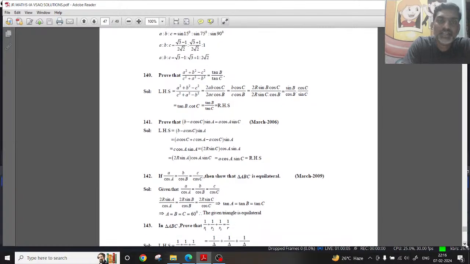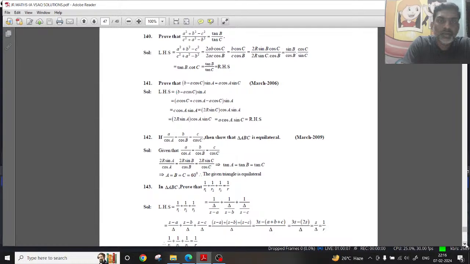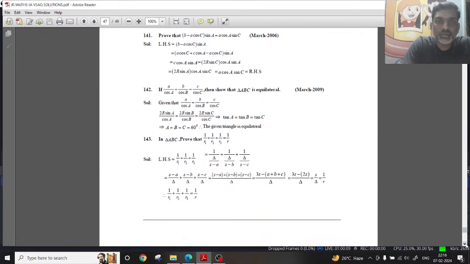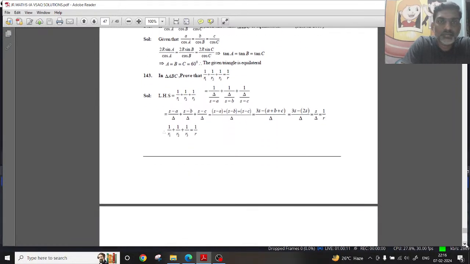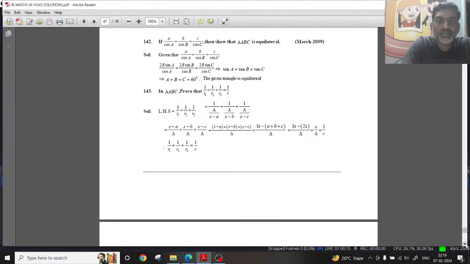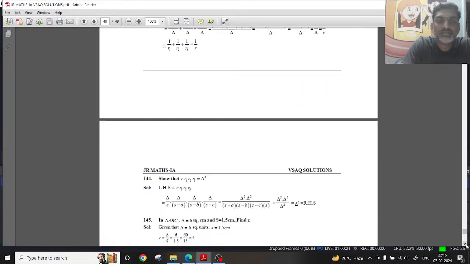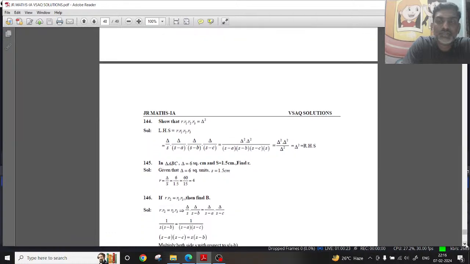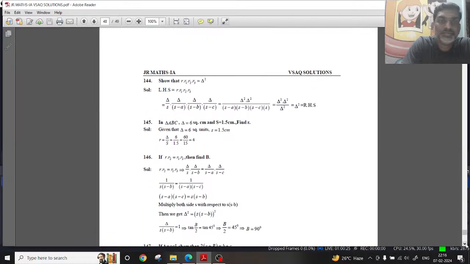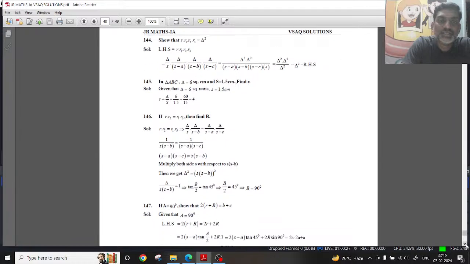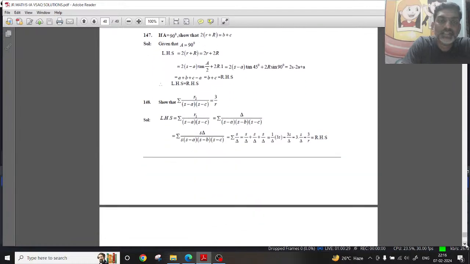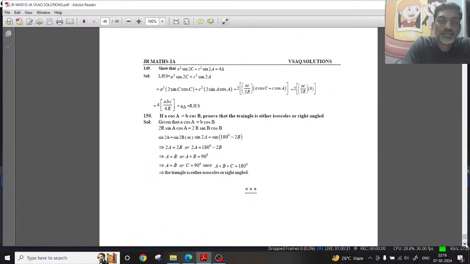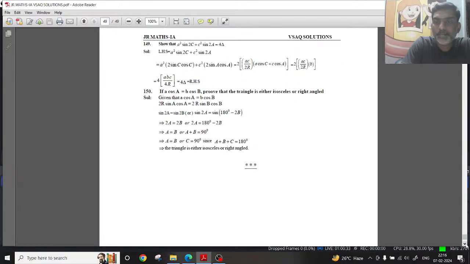Simplify directly, cosine rule. 141 projection rule, and 142 related to inradius, 142 related to equilateral triangle, and 143 related to exradii and inradius. 144 also property. 145, 146, these all are related to inradius and exradius questions, sir. So all are formula related questions. Okay, thank you.